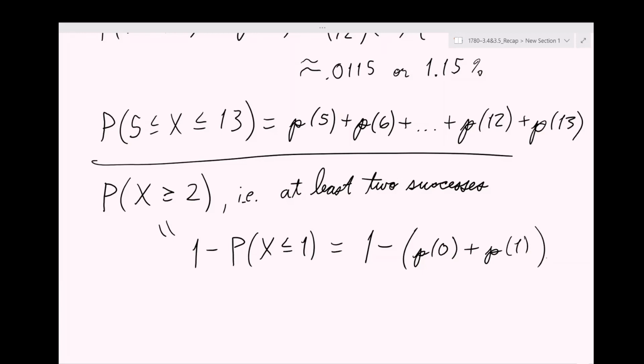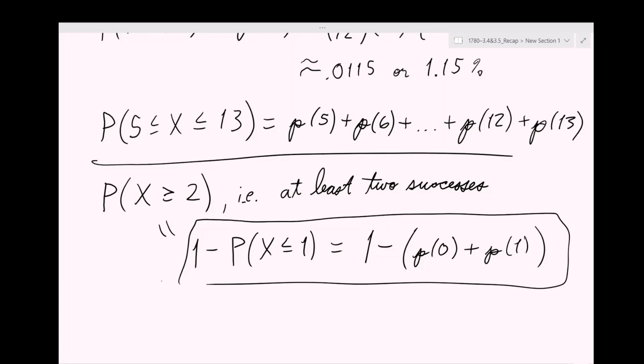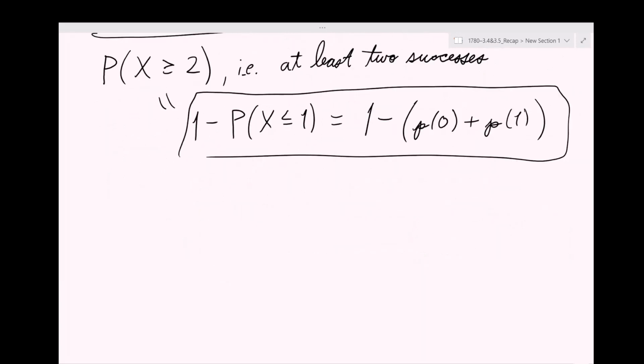And this is a lot less computation than if you had to do the probability of 2 plus 3 plus 4 plus 5 plus 6 all the way up. So just be conscious that this trick is still handy and will save you a lot of time on your homework. Moving along. So next up we have hypergeometric.